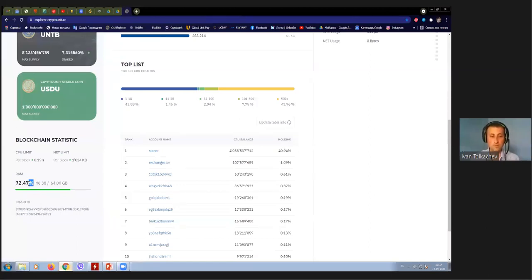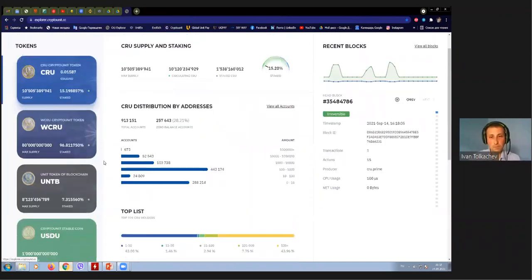And when this percentage reaches 90% or a bit over 90%, the company will increase the memory of blockchain, meaning that there are more people, more accounts on it, and then the company will increase the memory and quite likely will increase it by 180.